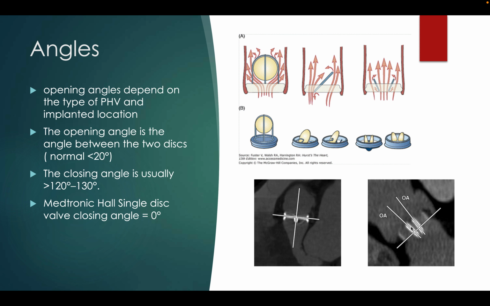If the leaflets are parallel, this angle should be less than 20. When they are closed, it's never 180, but this angle should be 120 to 130 to be considered a normal closed angle.